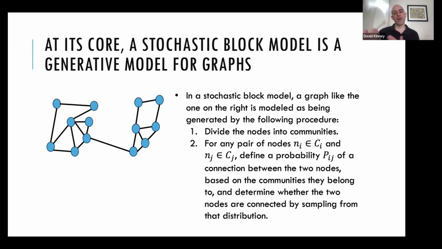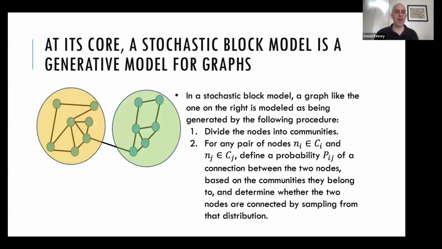And of course, you have intra-community probabilities of connection. When you have two nodes that are in the same community, let's say they're both in community I, we have that probability Pii of a connection between those two nodes by virtue of them being in the same community. But then we also have probabilities of connections between other communities as well.